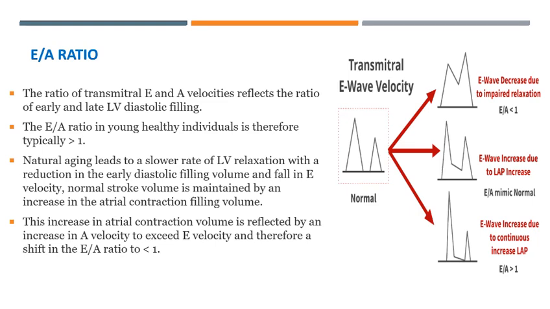Normal stroke volume is maintained by an increase in the atrial contraction filling volume. This increase in atrial contraction volume is reflected by an increase in A velocity to exceed E velocity and therefore a shift in the E/A ratio to less than 1.